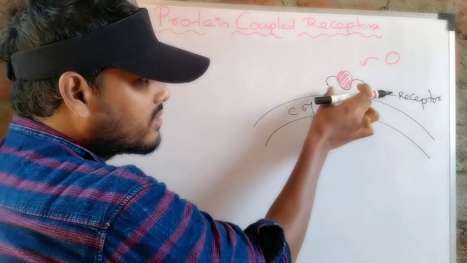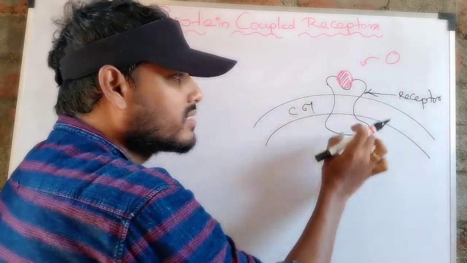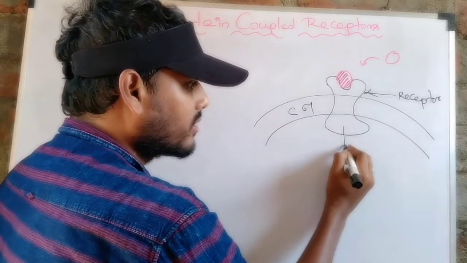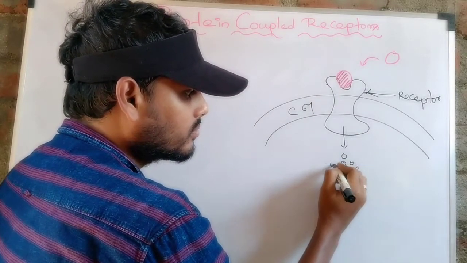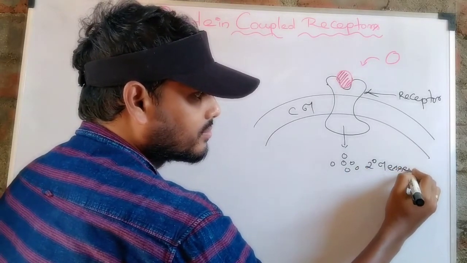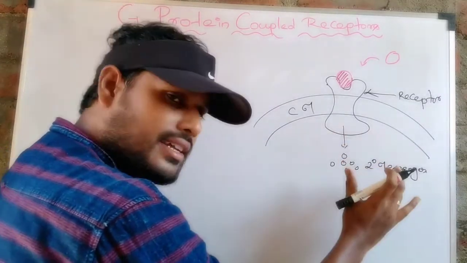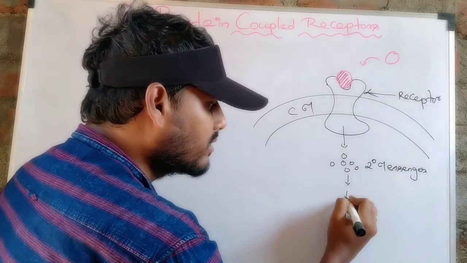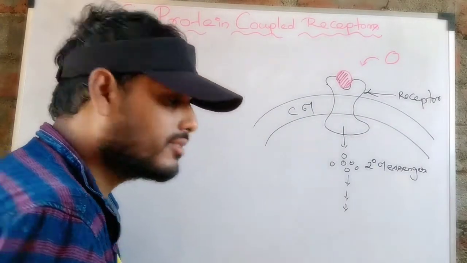Then this particular receptor gets a conformational change and gets activated, and creates secondary messengers inside. In the cytoplasm region, they create secondary messengers and they undergo a series of activations.